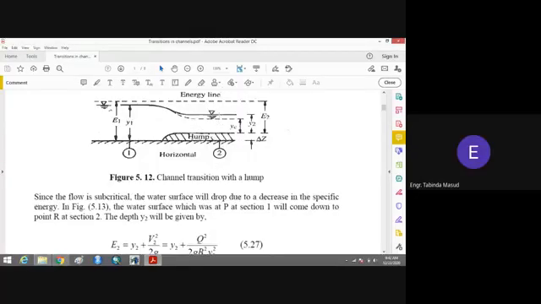This is section number 2.2, where we have the depth of the flow y2 and energy E2. With the increase in the height of the hump, this situation at section 2.2 will change, and at last it will come to YC and EC.